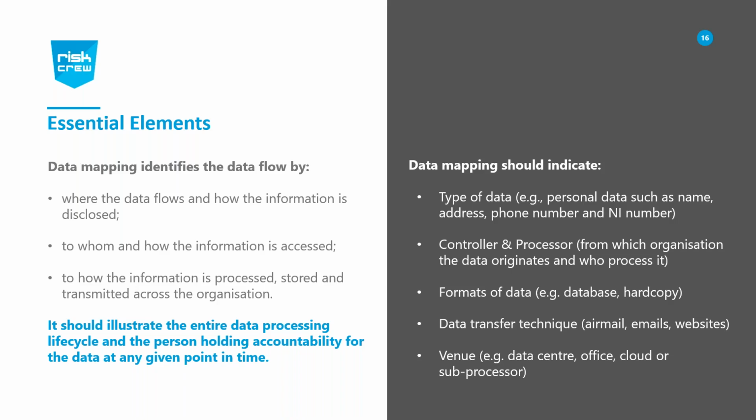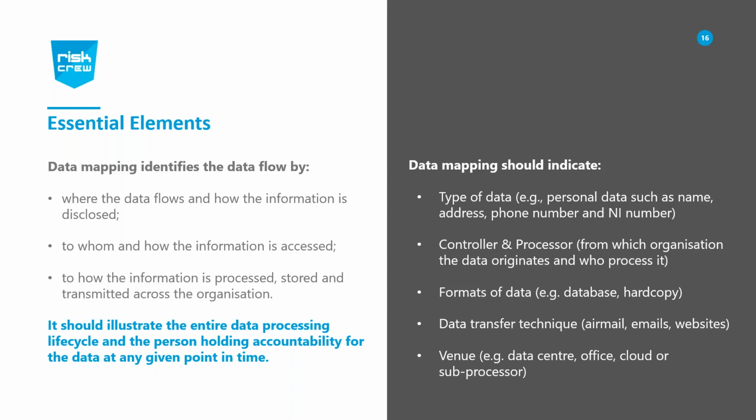It could be various teams, could be departments, and then is it disclosed to people outside of the organisation? We need to know how that information is accessed, by whom, and how the information is processed, stored, and transmitted across the organisation. Some information will be sensitive and will require encryption. Other information, not so much.